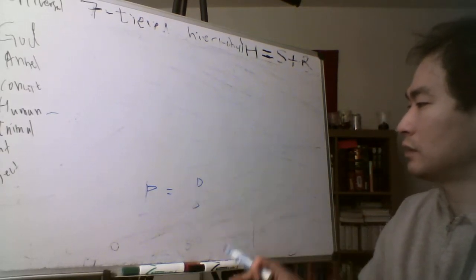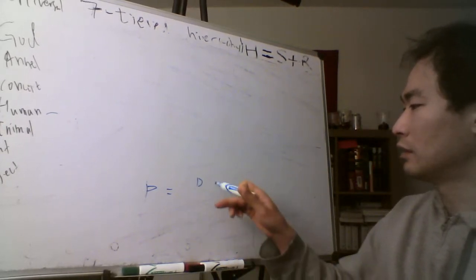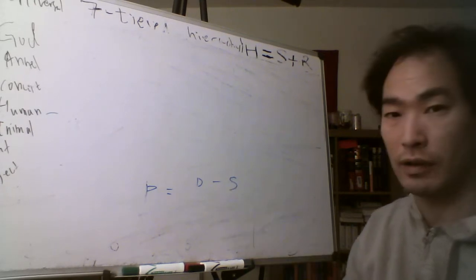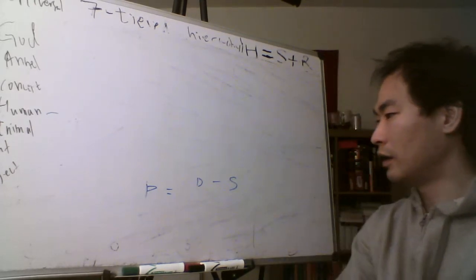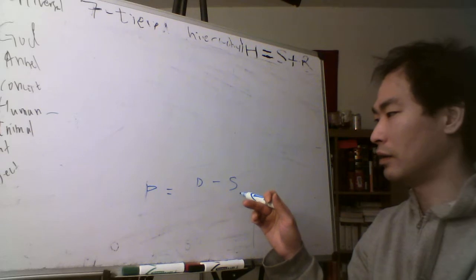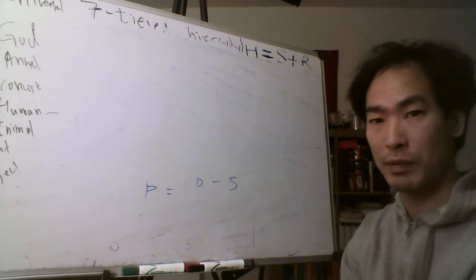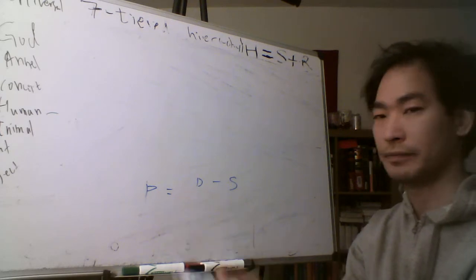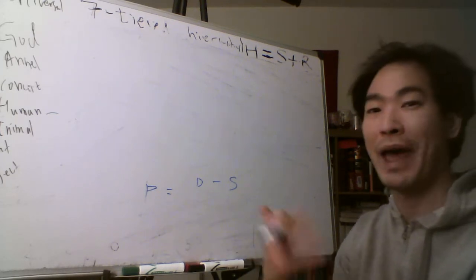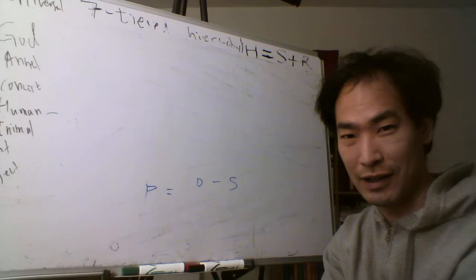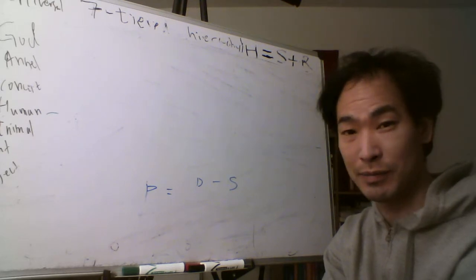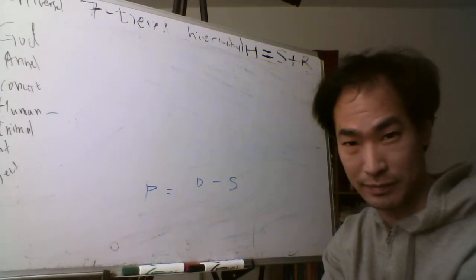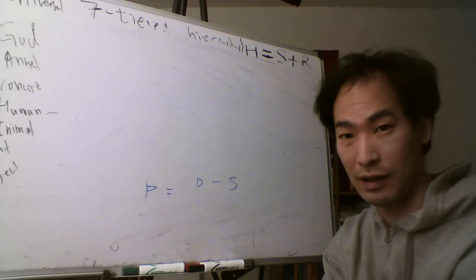So price is demand minus supply. If there is a lot of supply, like in Hollywood, so many people want to be an actor, so there's this negative price. People pay. In Hollywood, sometimes people pay to get an audition.